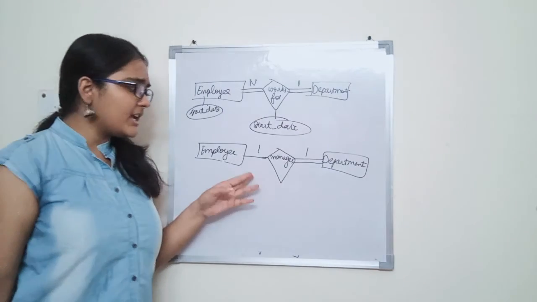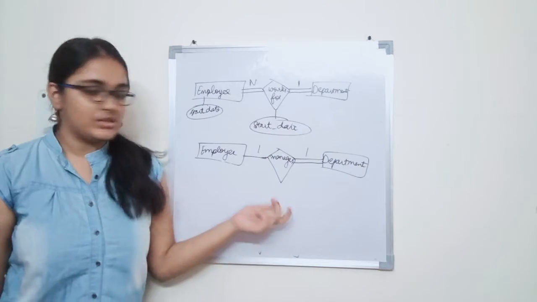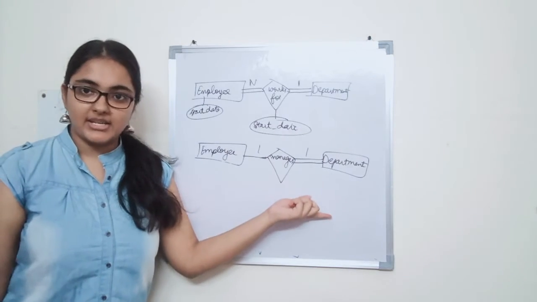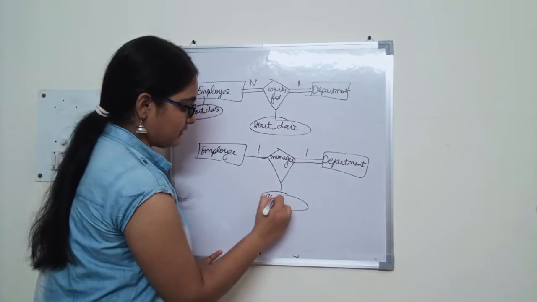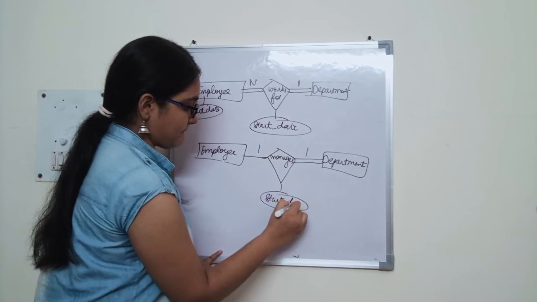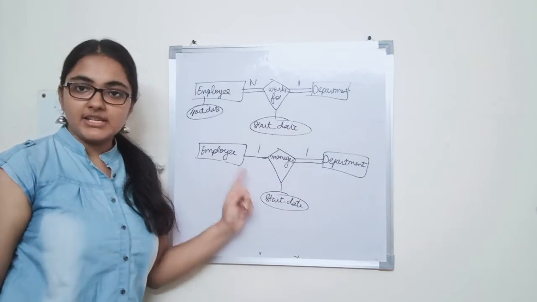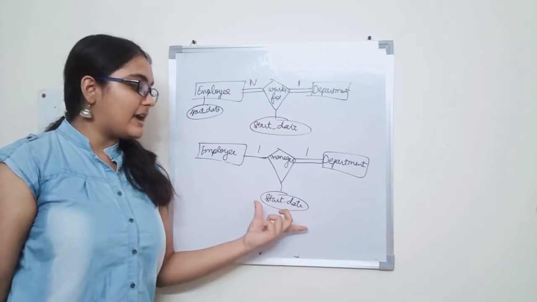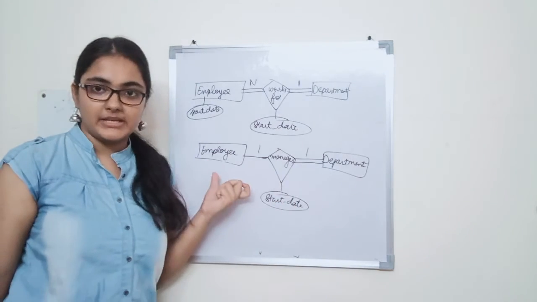Now, employee manages department. Now we want to record the start date at which the employee has started to manage the department. What we do now, if this is the start date, we can migrate it to anyone. In 1:1 relationship, we can migrate this attribute of the relationship type to any one of the participating entity types.